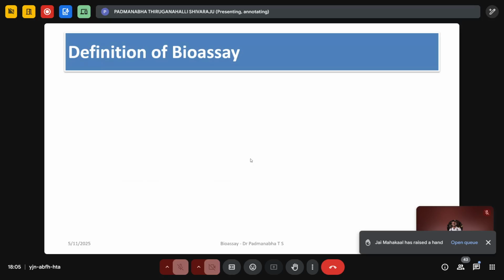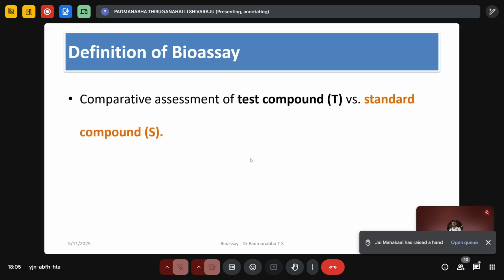So coming to the definition of bioassay, it is defined as a comparative assessment of a test compound versus the standard compound. Here the test compound is the unknown compound which we are extracting from the natural substance.